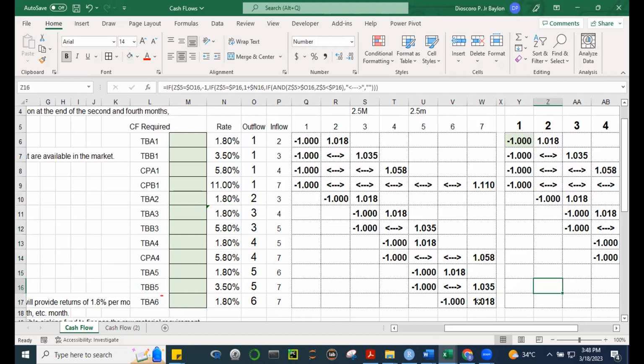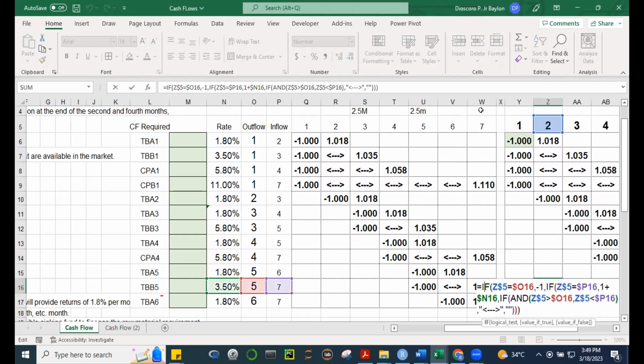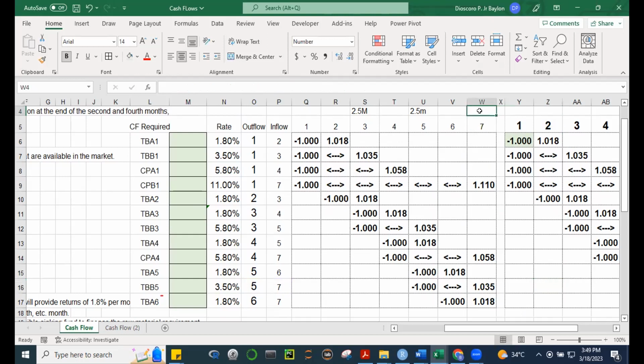Why are there no outflows here, class? Anyone? Why are there no outflows? Student: Because we shouldn't invest more, because by month 7 we should already be able to cover the 8 million. Exactly. At the beginning of month 7, you will have to pay 3 million.